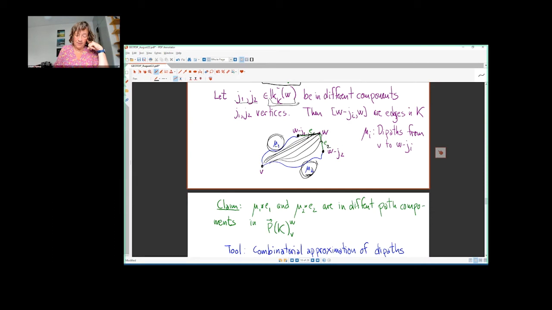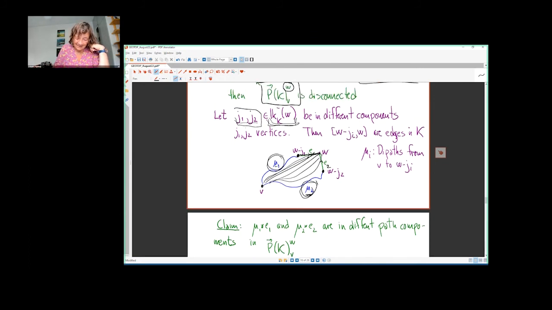And for the homotopy, there's a combinatorial approximation of that, meaning that you have it running on the two-skeleton of this Euclidean cubical complex. So you can do that, and in the end it gives you a connection between this J1 and J2 in this path link, which you couldn't have because they're in different components. So this is how you do that. So you get it realized at this point.